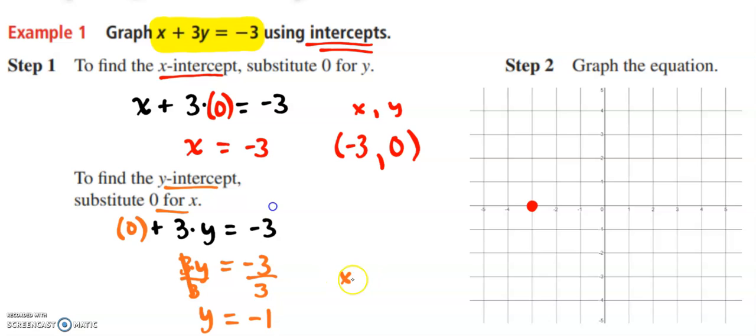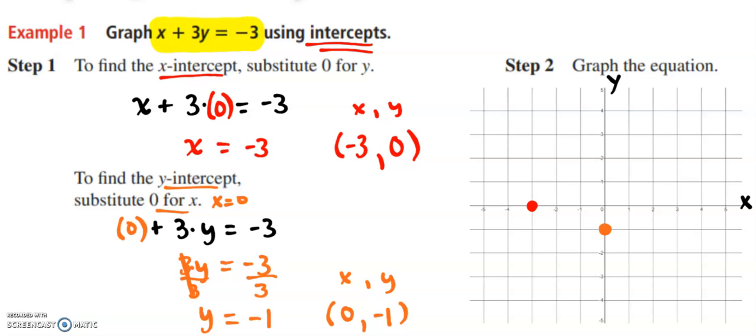So then that point, this is x equals 0, and y is negative 1. So that would be my point. That point would be here, if you think about being at the origin. By the way, I know that this isn't labeled, but we should all know, and if you don't, you should label it until you do, that x is the horizontal axis, and y is the one that goes up and down.